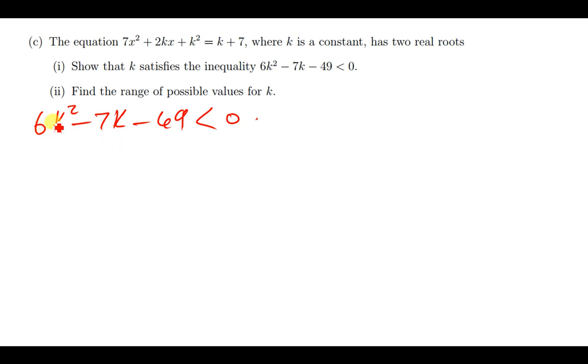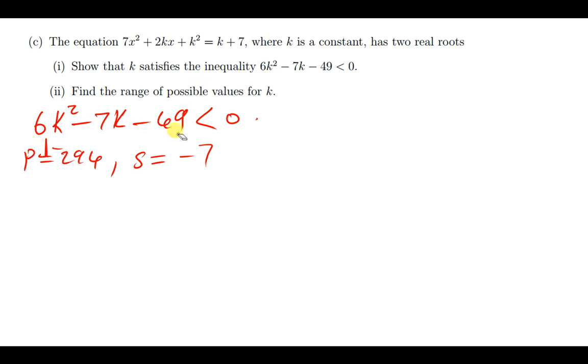So 6 times 49 to find the product. When you multiply 6 and 49, you get 294. This is the product, and the sum is simply negative 7. Since this is negative 49, when you multiply them, you get negative 294.